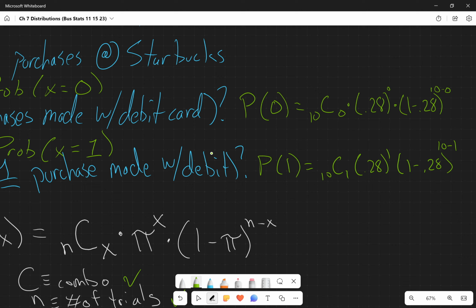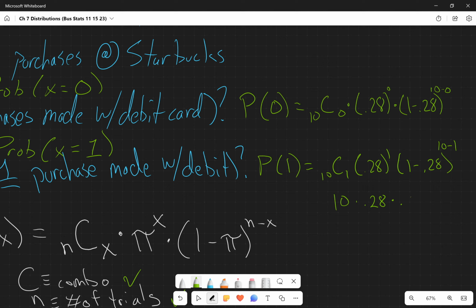So this 10C1 gives us 10 times 0.28 to the 1, which should just give us 0.28.